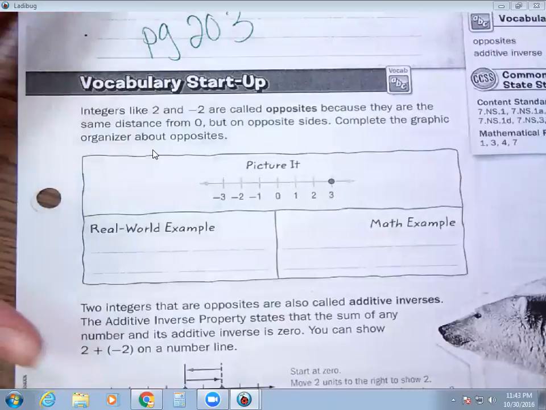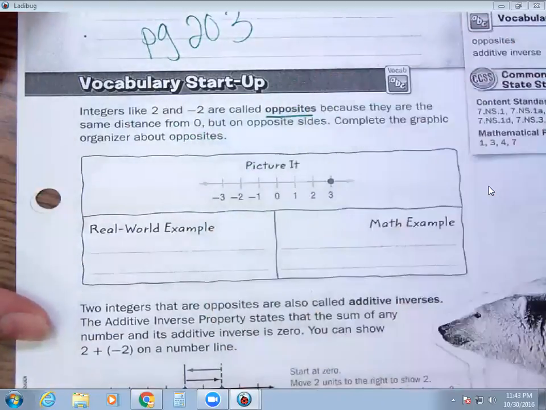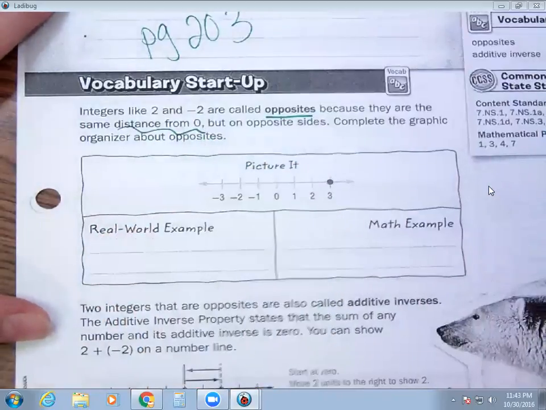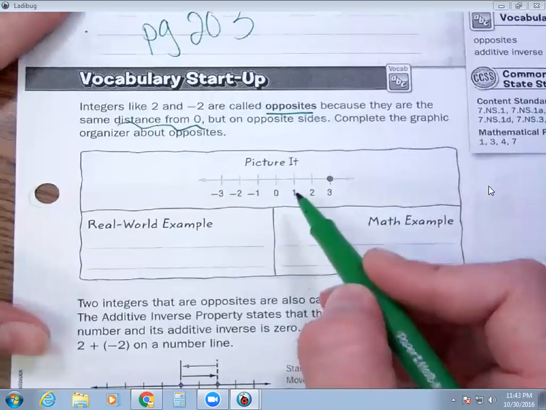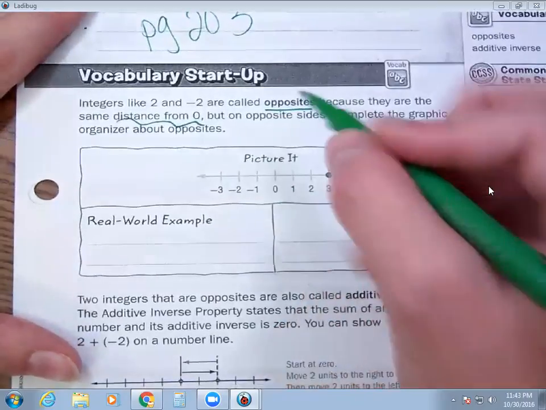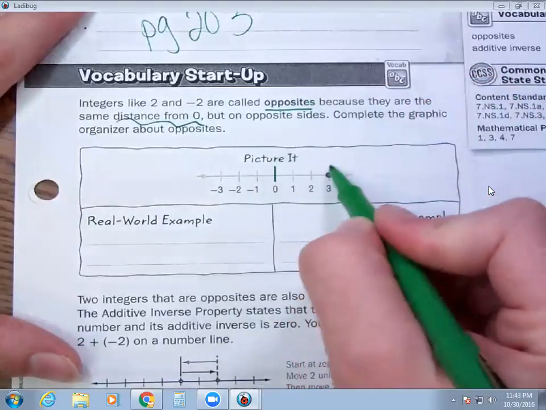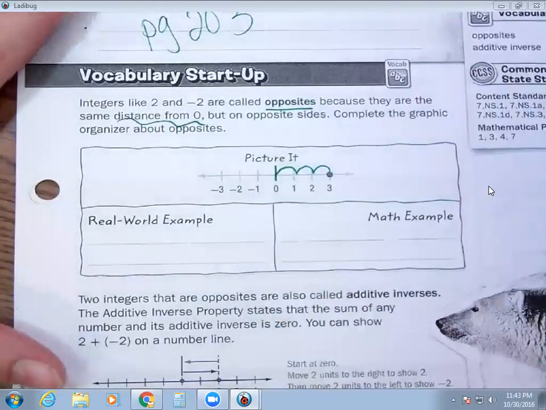So integers like 2 and -2, they're called opposites because they're the same distance from 0, but on opposite sides. So let's talk about these opposites. Here's a picture of one. Here is 0, right? Here is 3, and that is 1, 2, 3 steps from 0. Its absolute value is 3.